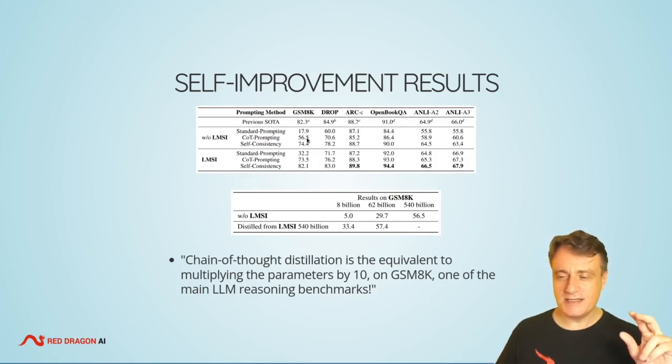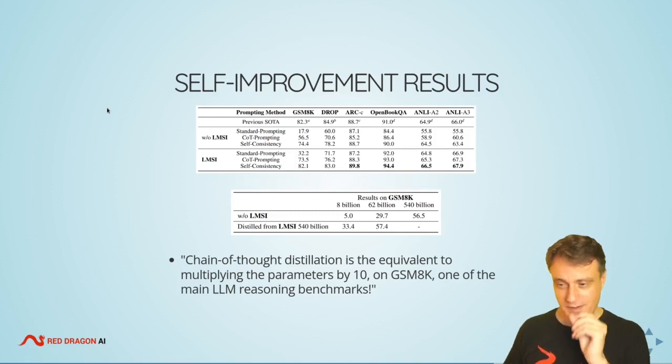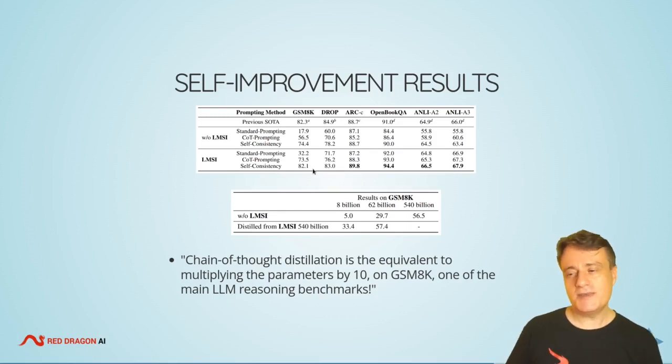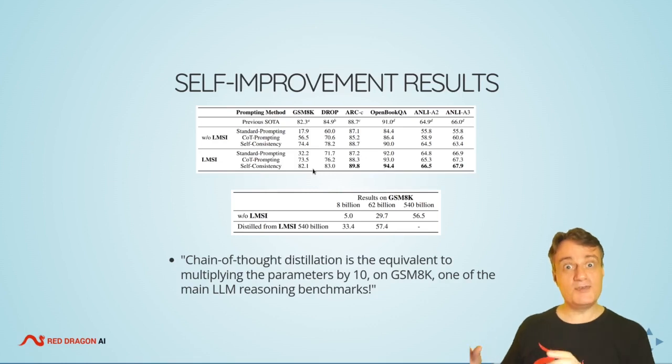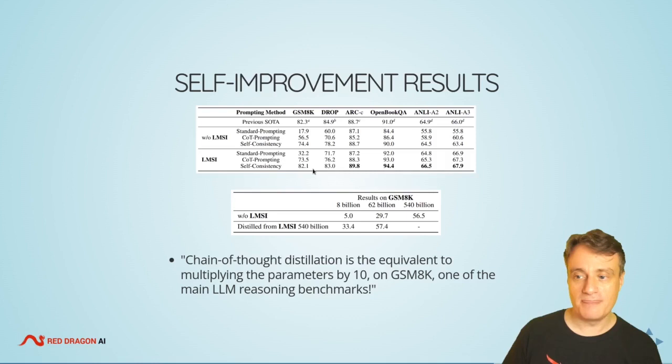Basically this is coming up to 74, using this self-reinforcement kind of thing going on. Looking at the standard prompting, we've increased from 18 to 32. From the chain of thought, we've increased. The self-consistency increased even more. So basically all of these things are doing this self-improvement, which is the model training itself, and it's working out.